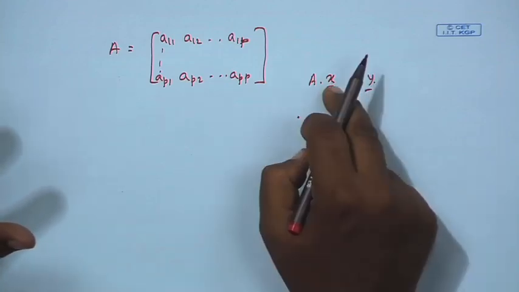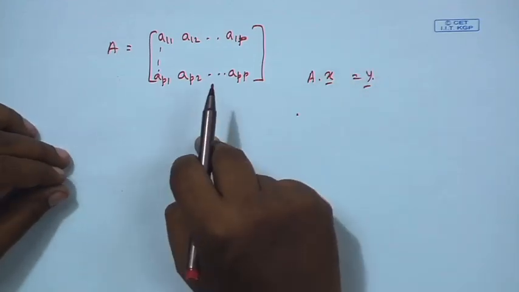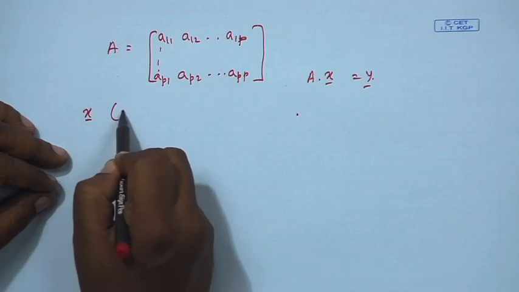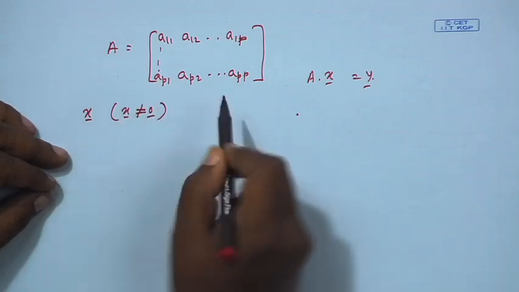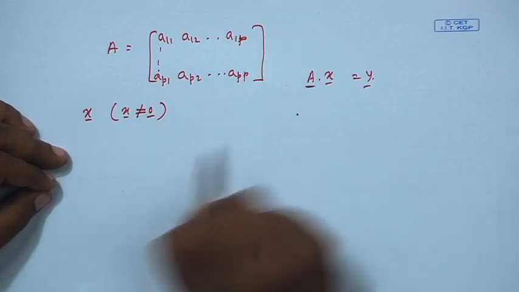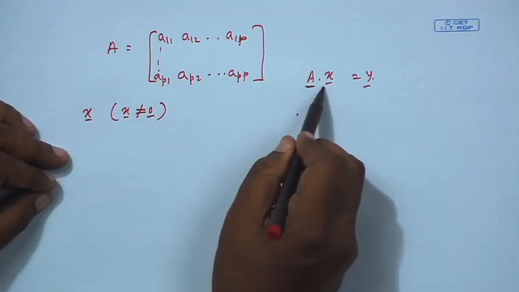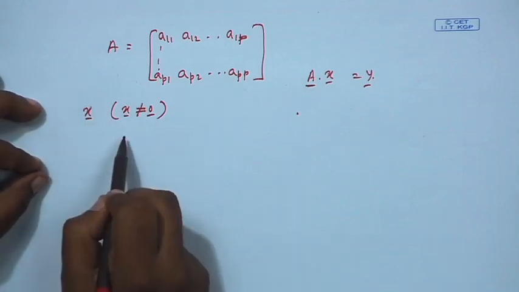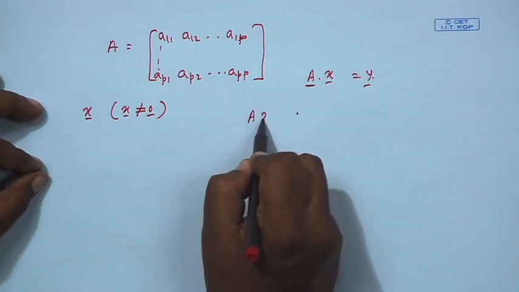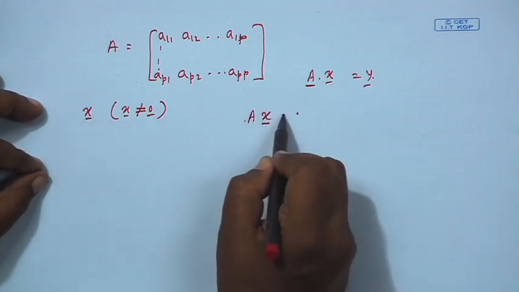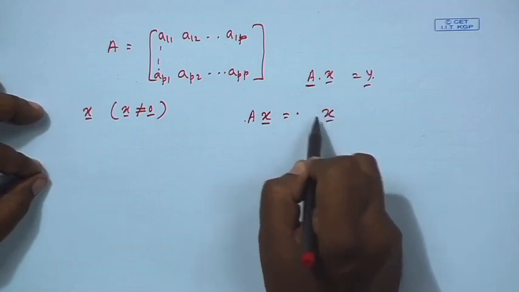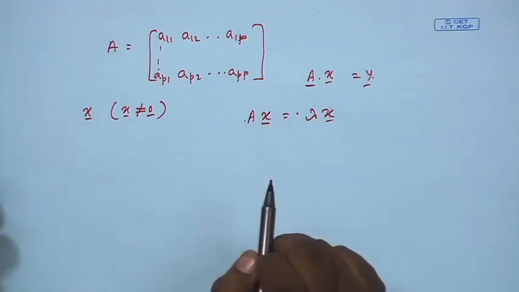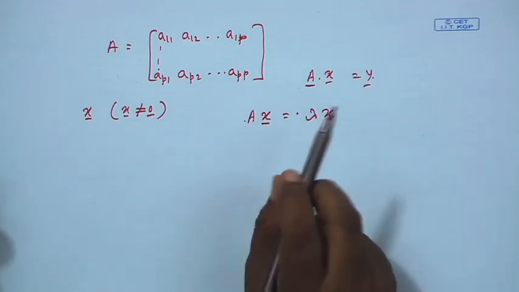Some x, some y. But for these matrices, there exists a class of vectors called eigenvectors x, where x must not be 0, of course, by definition. Underline means vector, underline means matrix: uppercase letter underlined is a matrix, lowercase letter underlined is a vector. There exists a class of such non-zero vectors, so that for them if you do Ax, you get back the same x, all samples multiplied by a constant lambda. Then that x is called an eigenvector of A, and this lambda is called the corresponding eigenvalue.